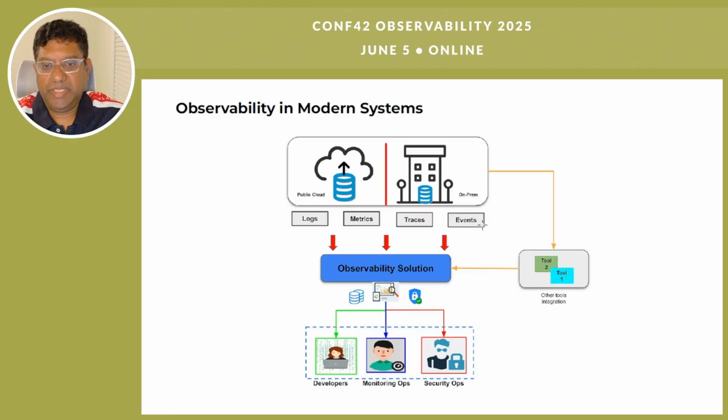And these collected metrics will be pushed into an observability solution, which we are going to look at in our future slides. Different teams like developers, monitoring ops, and security ops depend on this solution to identify issues and resolve problems. Okay, and this is just the overall picture of how observability will be in our modern systems.